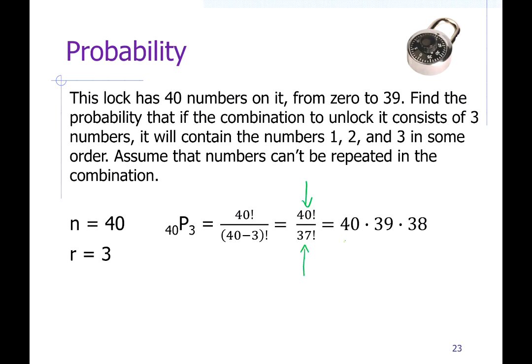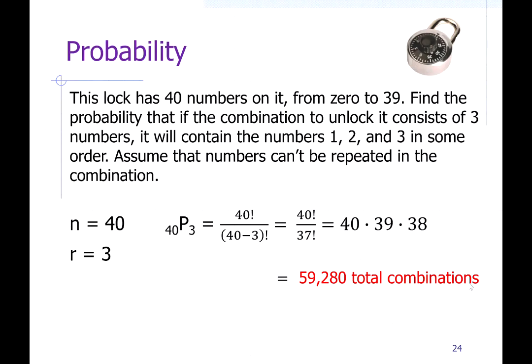So the numbers 1 through 37 on the bottom cancel the numbers 1 through 37 on the top, leaving the 38, the 39, and the 40. And we pop that into a calculator. 40 times 39 times 38 gives us 59,280 possible combinations on our permutation lock. I know I said I was going to call it a combination lock, but I changed my mind.